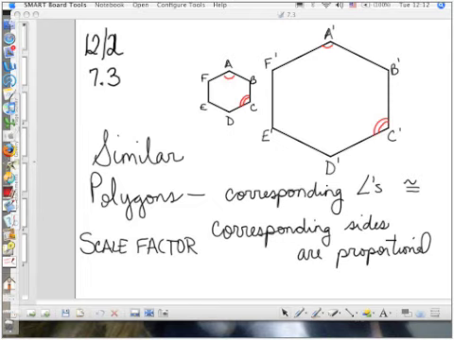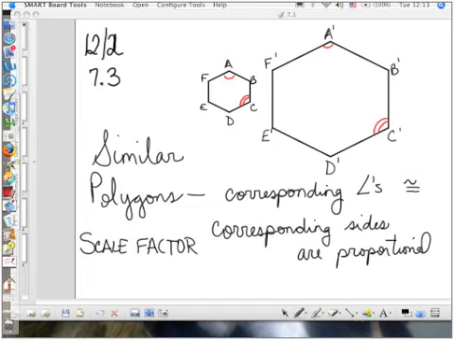So what do similar polygons have? Corresponding angles are congruent, corresponding sides are proportional, and that proportion or ratio is called the scale factor. Also, the symbol to show that 2 polygons are similar: you know the squiggly on top of the congruent sign is only the squiggly, okay?